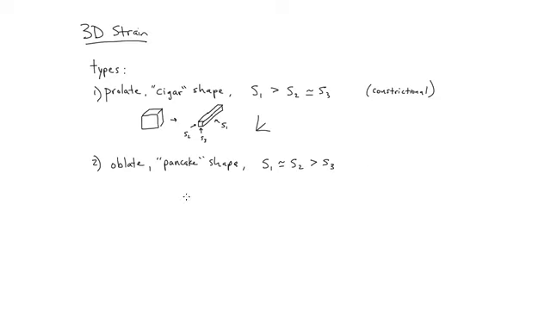Our cube turns into a thing like this. So this is also definitely a 3-dimensional strain. See if you can label, like I did up here, the axes of the sides of this. Maybe pause the video for a second. Okay, so the two that are about the same are S1 and S2, and then here we have S3.